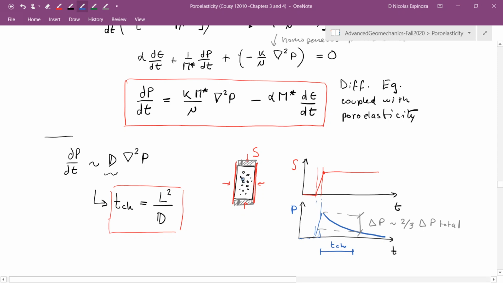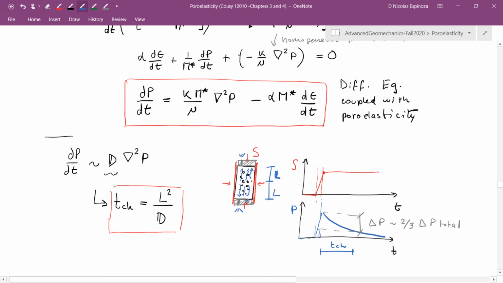So if I compress this very quickly, the only option of the fluid to escape would be by going either through the top port or through the bottom and escape through here. And the drainage length in this case is going to be this, and it is equal to that.